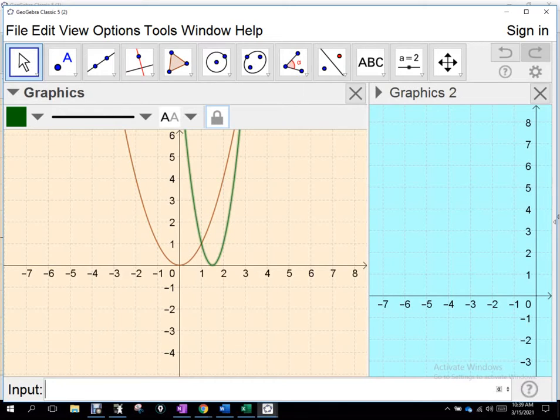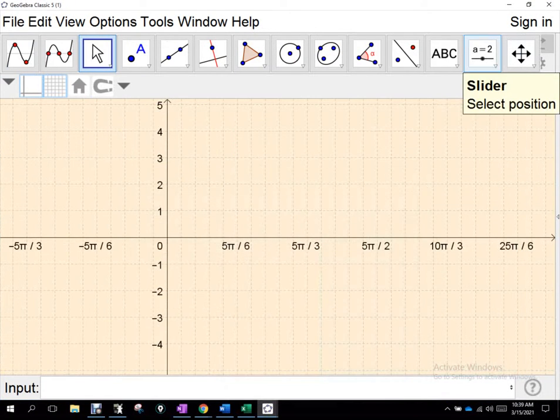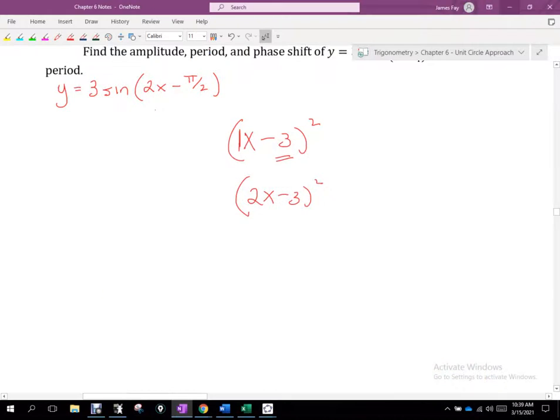It went 1.5. It went half of that, didn't it? So that's kind of the same thing. We didn't see too many of those, because if you remember back when we talked about polynomial functions, we didn't deal a whole lot with the horizontal compressions and stretches because they look very vertical in their stretch. So we try to avoid it.